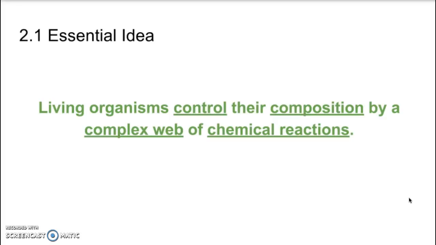It's a very complex process, and this web basically refers to lots of interactions between particularly these four biomolecules. And we're going to look at that in class. This complex web of chemical reactions is essentially metabolism, which we'll look at in more detail soon. So that is our essential idea for 2.1. Please keep that in mind at all stages.